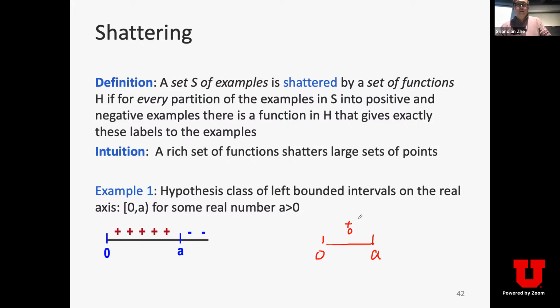The other possible labeling is negative. In this case, I can choose a hypothesis where A is less than the location of the point. Because the point is outside of the interval, it will be classified as negative. So the left bounded interval hypothesis space can shatter one point.